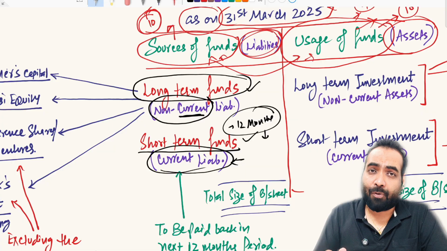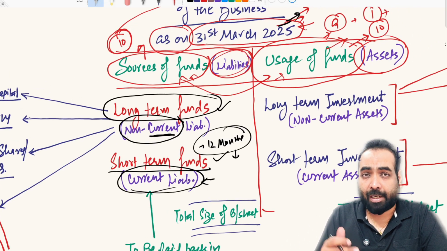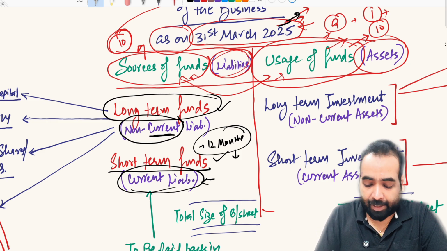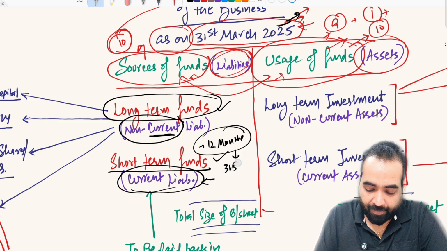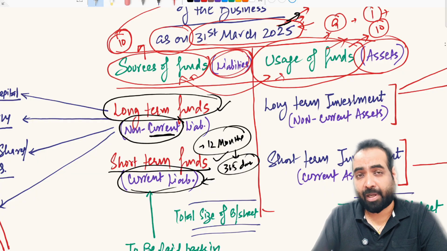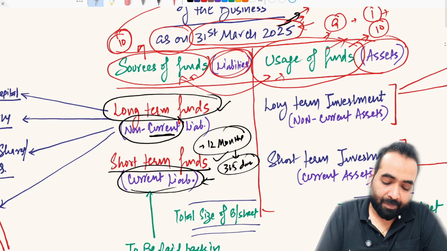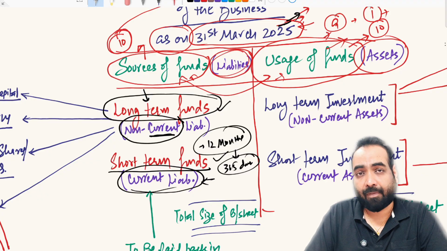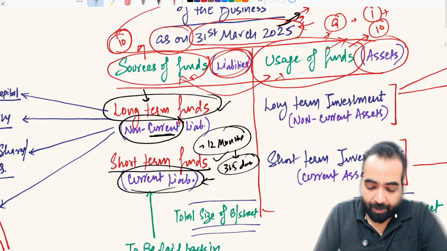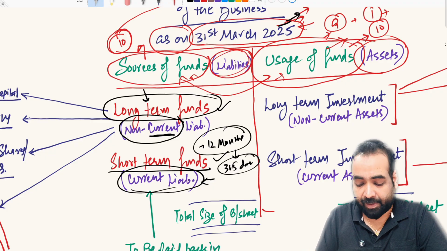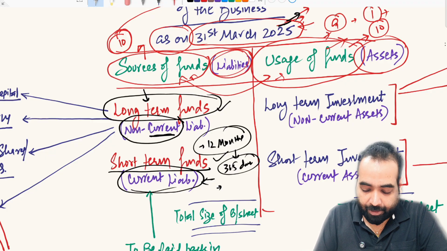And if the contract obligation is such that you need not return the funds in the next 12 months, that is, in the next 365 days, then those funds shall be classified as long term funds. For example, if you have taken a fund from Mr. A, and as per your agreement with Mr. A, you will return those funds in full after 375 days.